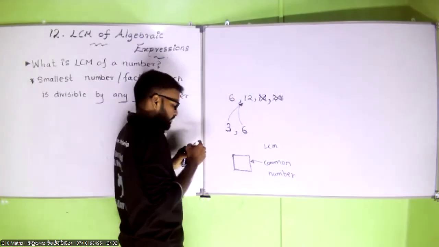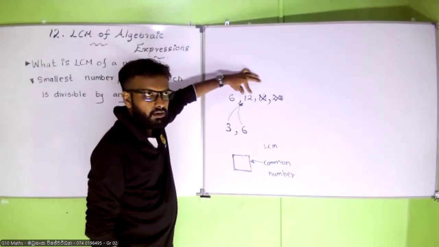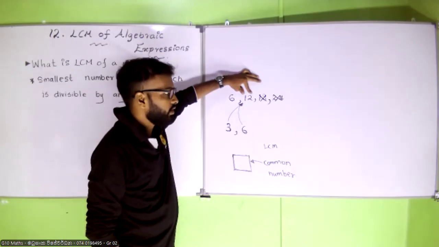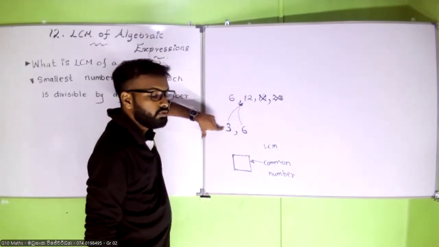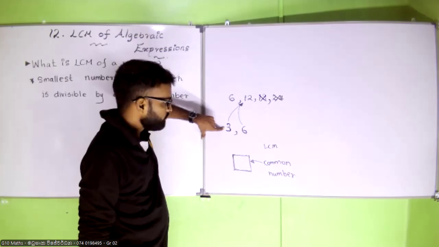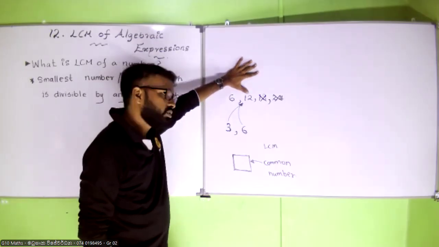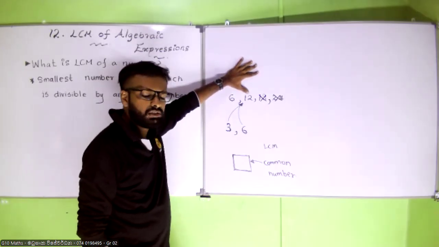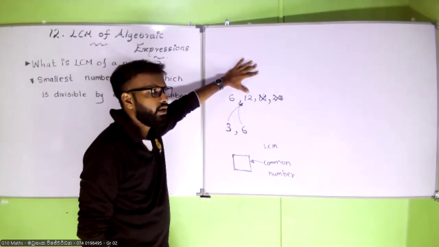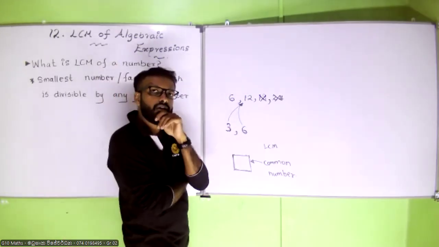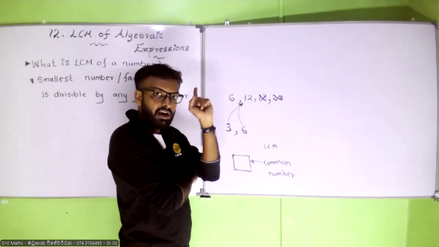You are going to question yourself, is 12 the smallest common number that we can divide by 3 and 6 at once? No. We have 6 also.